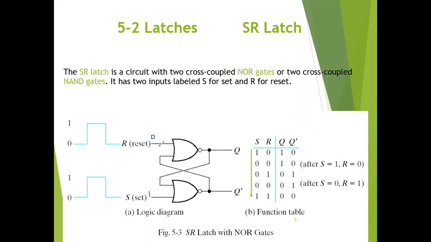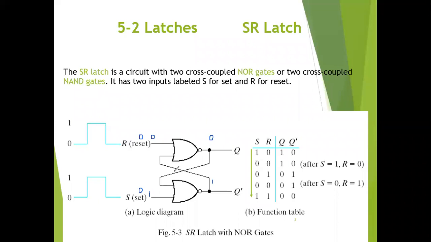For the case when S is equal to 1, previously, at the point when both the inputs are 0 0, the output is in the state of 0 and 1, as Q is equal to 0 and Q prime is equal to 1 when both the inputs are 0 0.